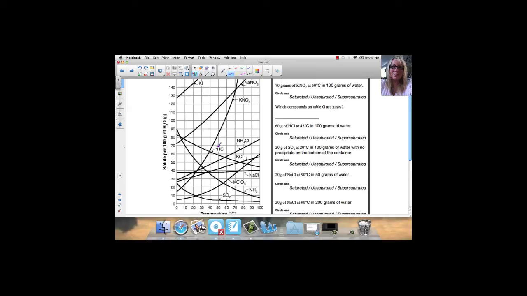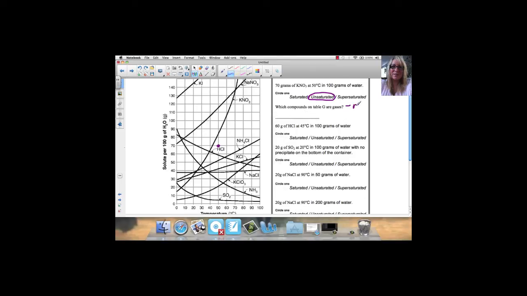Here's 50 degrees, 70 grams, and I'd put a dot. 100 grams of water, so our water is good. And this is KNO3. So here's the KNO3 line right here, and this data point is below the line, so that makes it unsaturated.